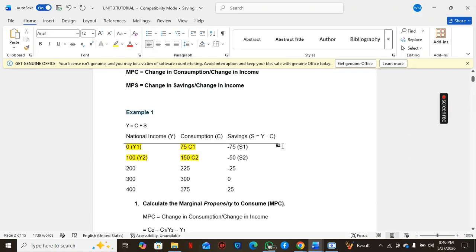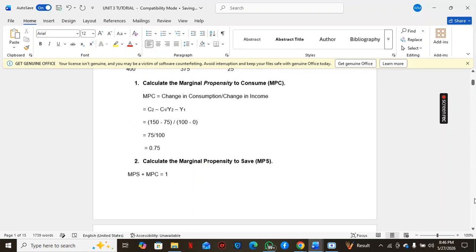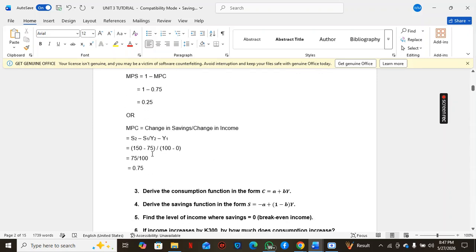S2 is negative 50, S1 is negative 75. So you say negative 50 minus negative 75 over 100 minus 0. Remember, Y2 was 100, Y1 is 0.